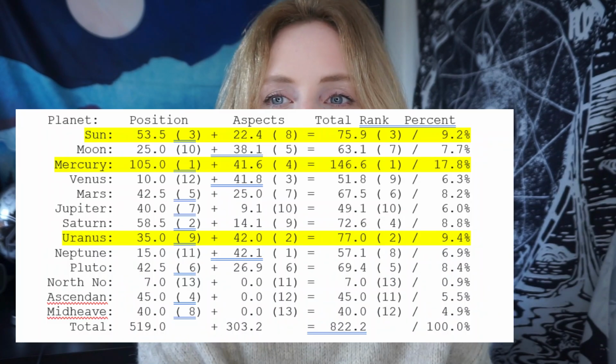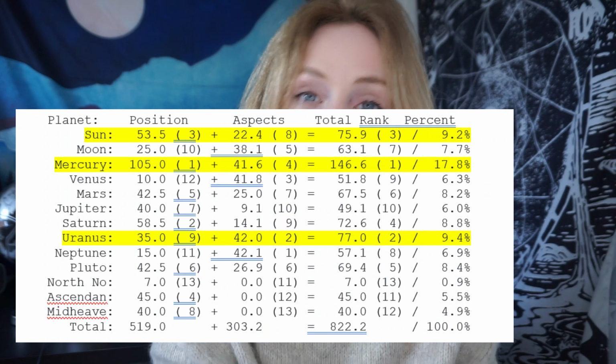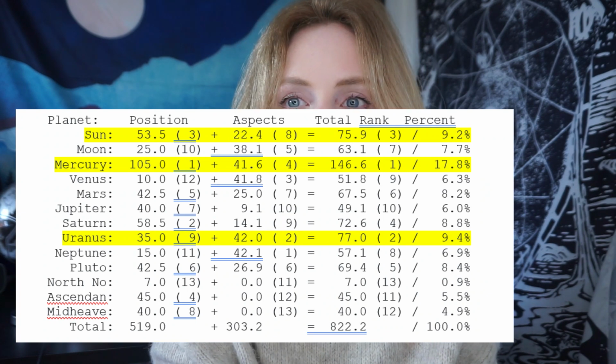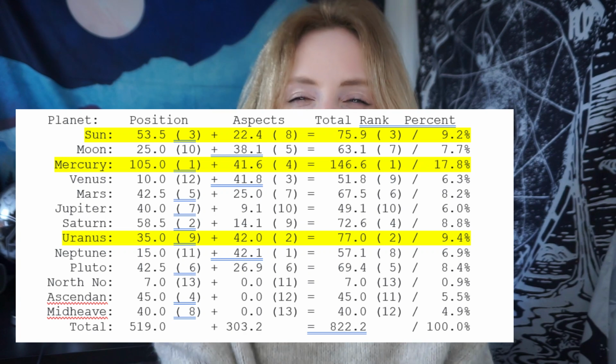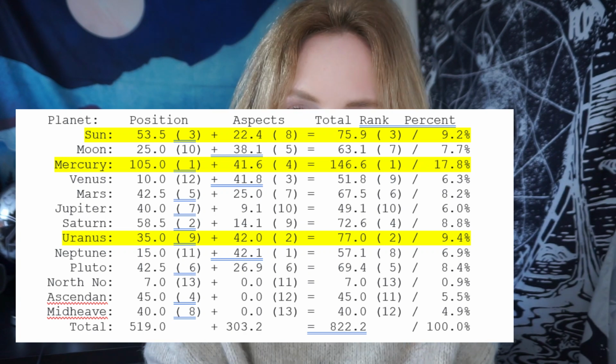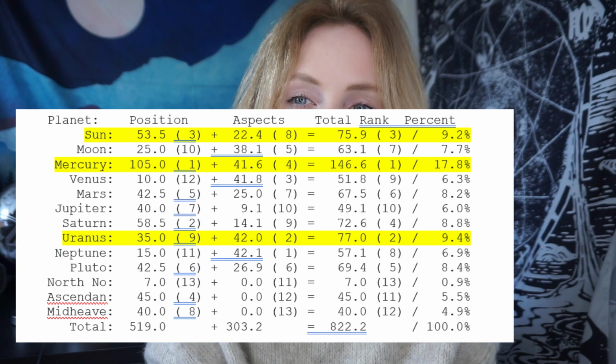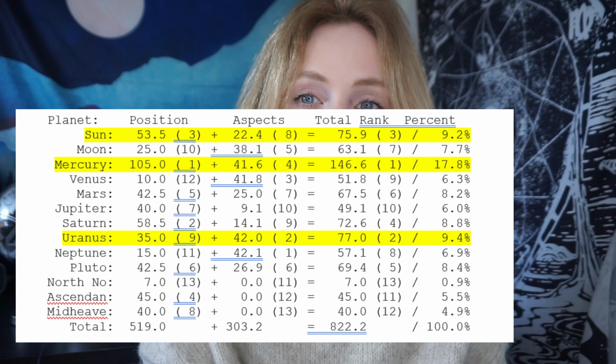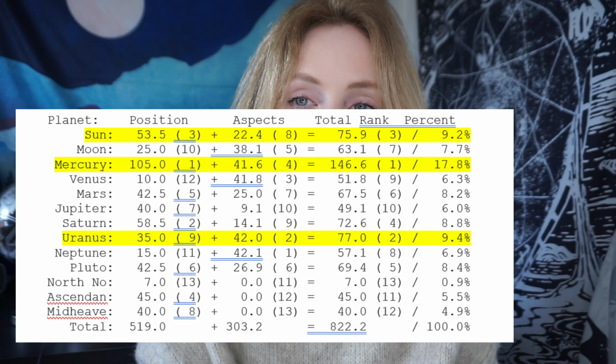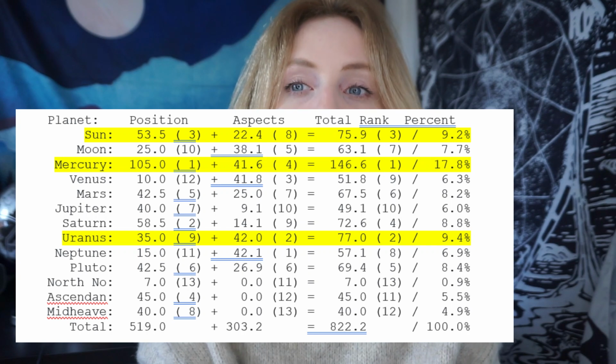Now, Mercury makes up about 18% of my chart in comparison to the other planets, which are all under 10%. So Mercury's quite high in comparison to the others. Uranus then is my second most dominant planet at 9.4%, but it's pretty clear that Mercury comes out on top.